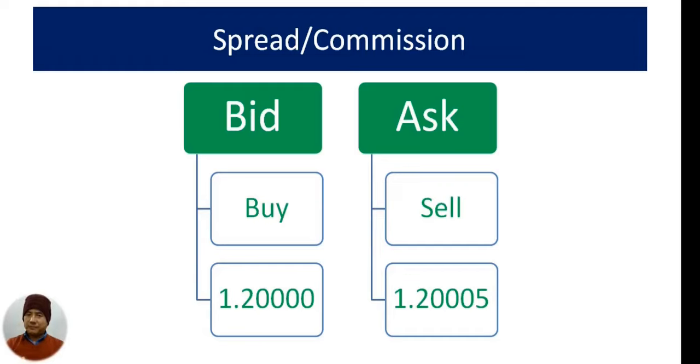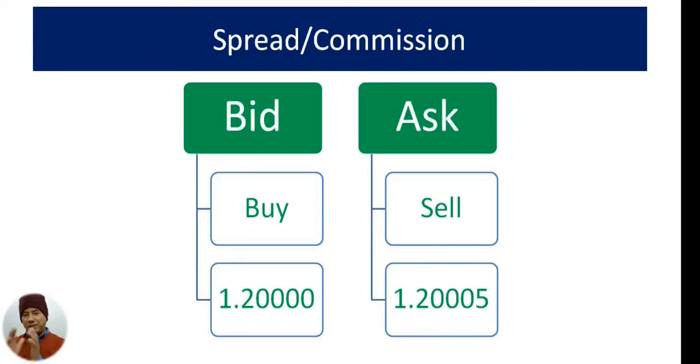Some brokers I have seen mix up both, so you will see only one charge in the trading platform. But with most ECN brokers, the spread is separate and the commission is separate. The commission is fixed, and the spread is dynamic, because the spread is not a fixed thing, right?